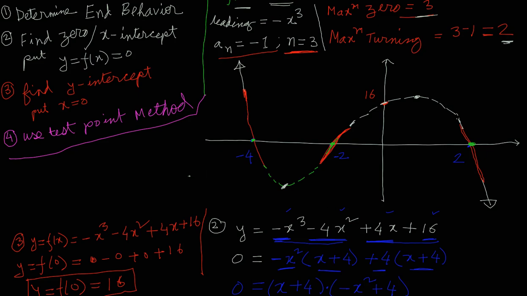My first zone is negative infinity to negative 4. This is my first zone. What is my second zone? Negative 4 to negative 2. This is my zone number 2. And then what is the third zone? Negative 2 to positive 2. And then the final zone is 2 to infinity.